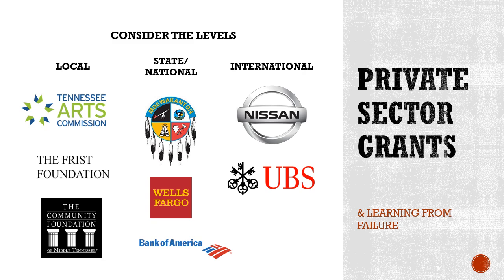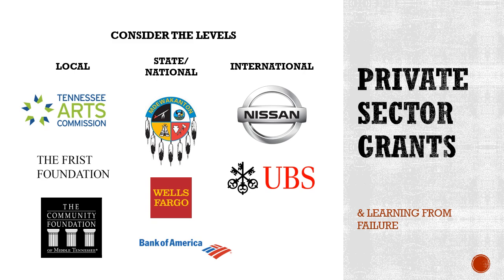And then on the opposite end, on the international level, Nissan has been an enormous contributor to the NAIA and has given hundreds of thousands of dollars over the past decade to support our mission and our goals.